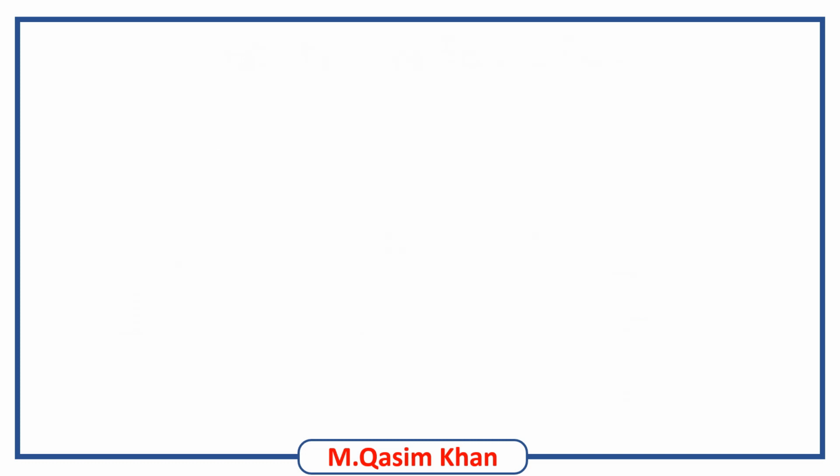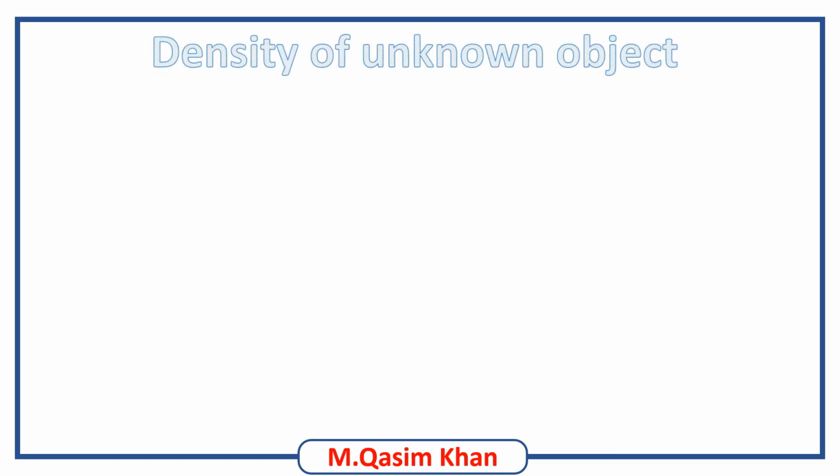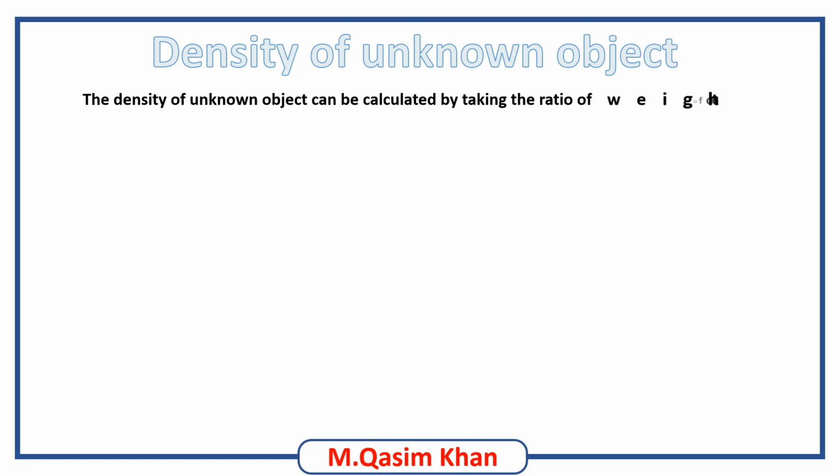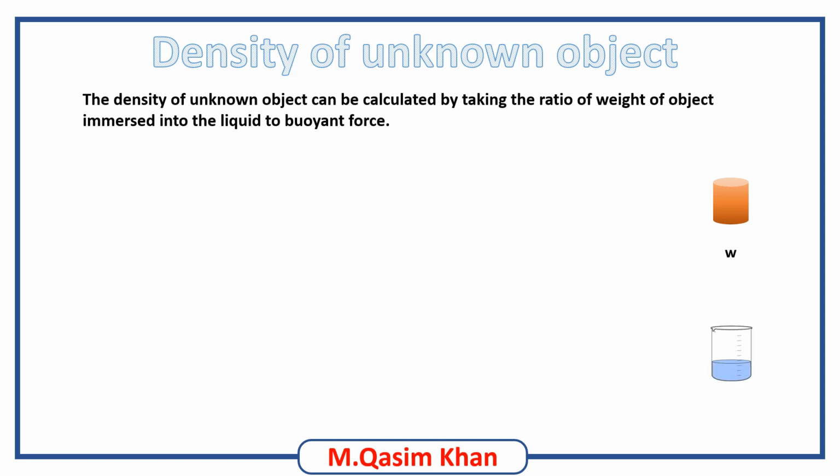Finally viewers, we will discuss how to find the density of any unknown object by dipping it into a liquid. For this purpose, we take the ratio of the weight of the object immersed in the liquid to the buoyant force. Let the weight of the object immersed in the liquid be W and the weight of the liquid displaced by that object be FB.